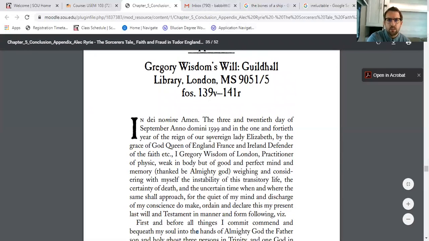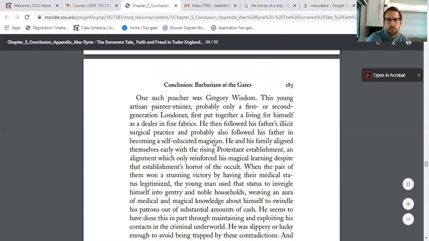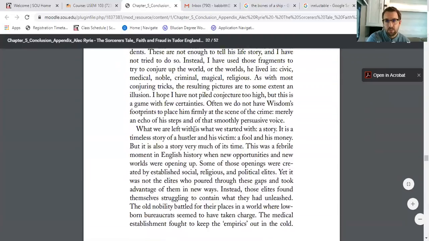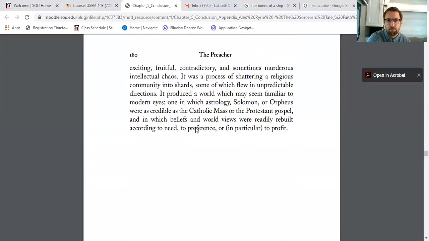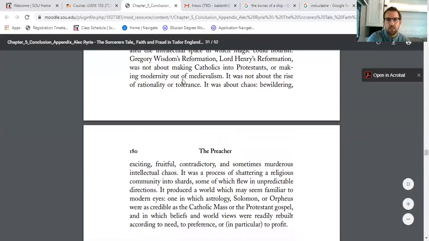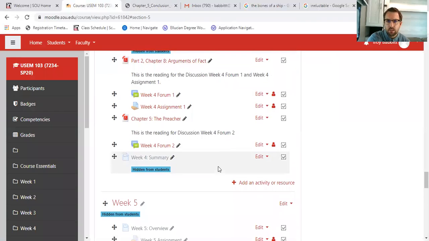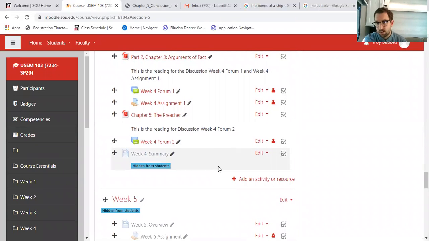And in the reading, I want you to zero in on the last paragraph of chapter 5. I reproduced it in the assignment itself, but the last paragraph is striking. I never expected the book to end with that paragraph or with this conclusion.